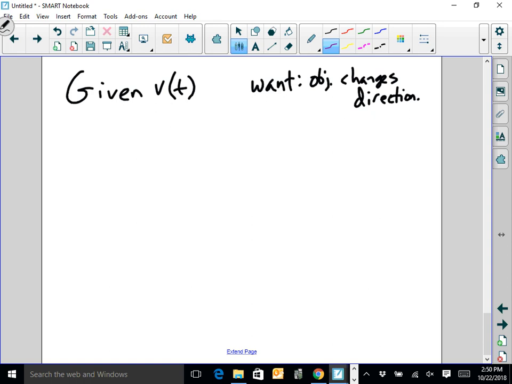The nice thing here is I was given v of t. All I want to do is figure out where v of t changes signs. Well, the first thing I need to do, an object is going to have to change signs going through 0. So, set v of t equal to 0 and solve for t.